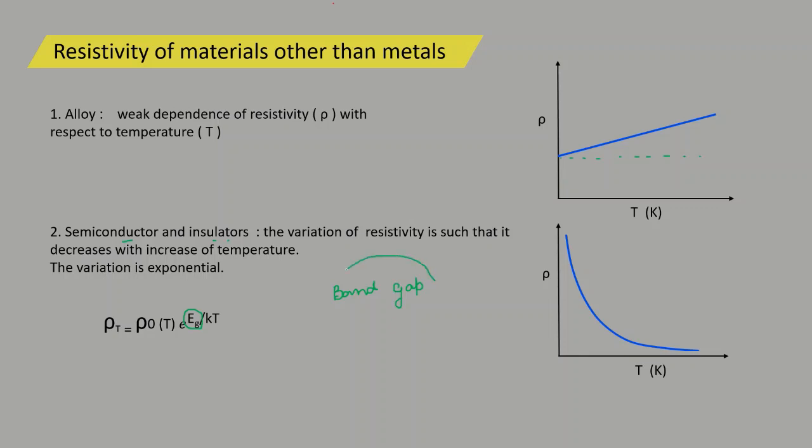So for the case of insulator, the electrons cannot jump, but for the case of semiconductor, the gap is less and the electrons will be able to jump when we increase the temperature. And thus we use semiconductors to create the more advanced electronic devices used nowadays, because we can control the value of resistance and it is quite effective to use.